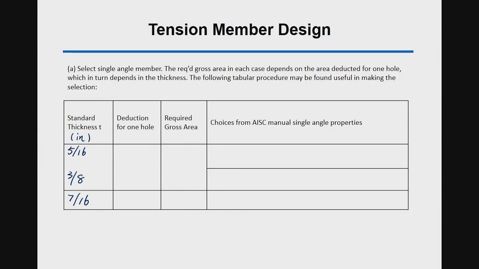So the deduction for one hole, for 5/16 inch thickness, so for t equals 5/16 inches, equals the hole diameter, the bolt diameter plus 1/8 inch, times the thickness of 5/16 inches, which equals 0.313 square inches.